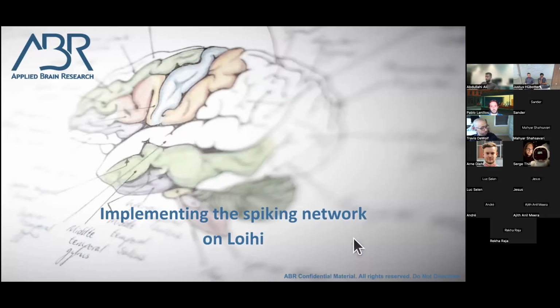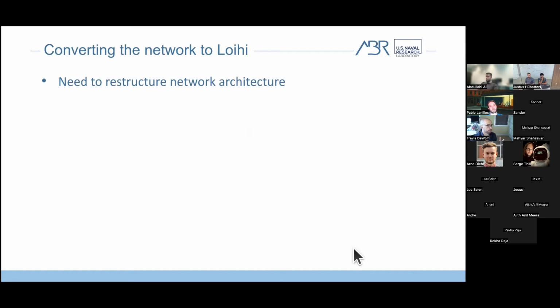So converting the network to Loihi, we're dealing with a few things. We need to restructure the neural network architecture first off, because when I implemented this for rate neurons, I'm not worrying about the future, and so I'd use 20,000 neurons, 2 layers in each of the machine learning network layers.